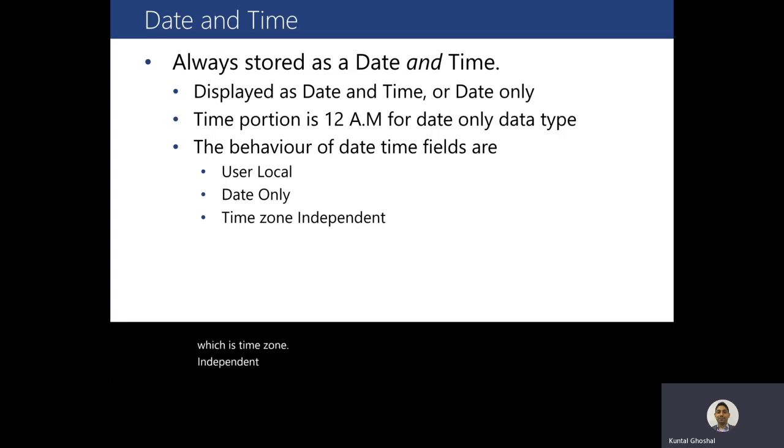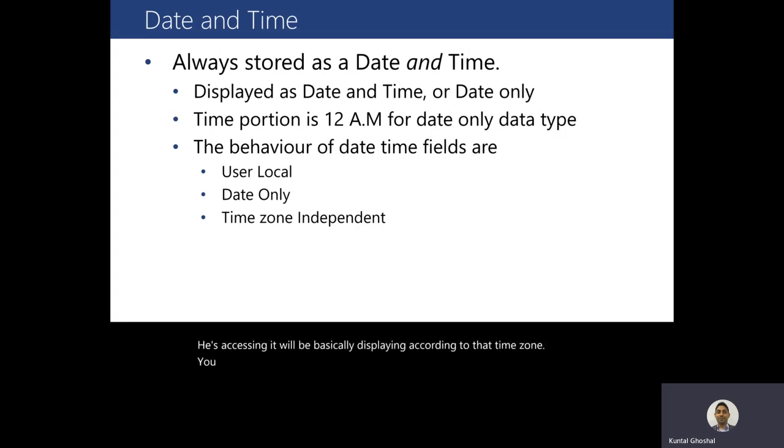User local means you want the date time to be displayed based on the user's local or browser settings in terms of time zone. The date time will be stored in UTC, and depending on which region, country or time zone the user is accessing from, it will be displayed according to that time zone.